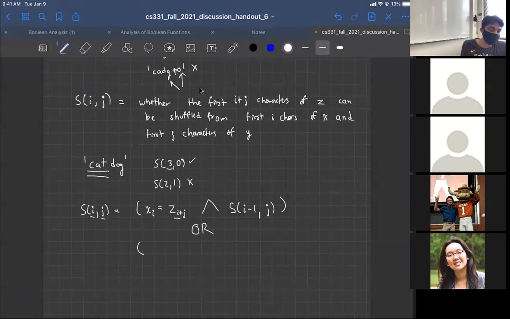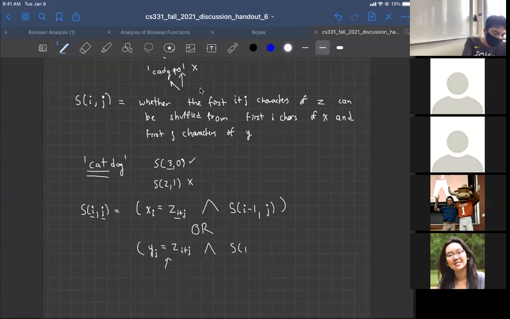Y of J. So either the I plus jth character of Z comes from Y, okay? And then what else must be true? The previous I plus J minus 1 characters from Z must be coming from what? We didn't use X here. So how many characters of X remain to shuffle the previous elements?